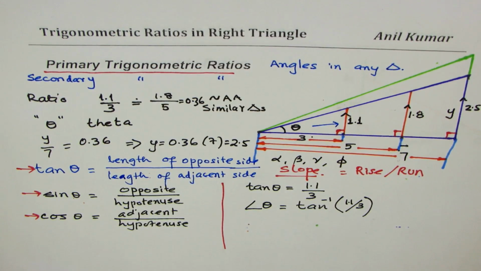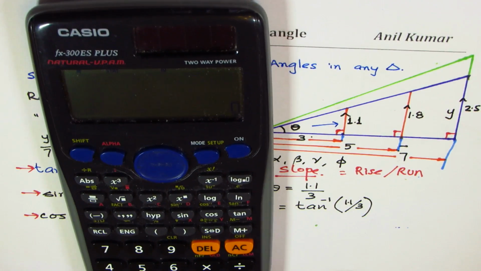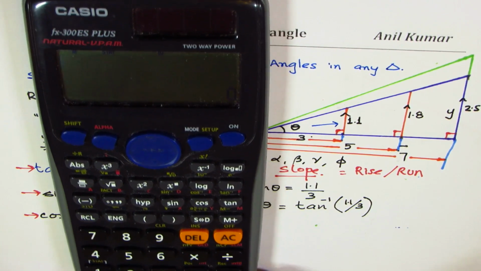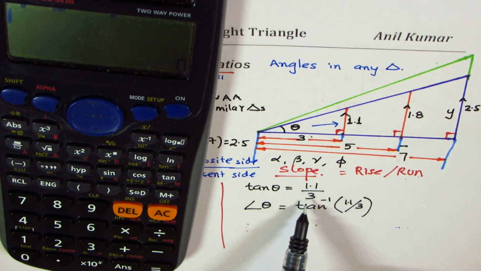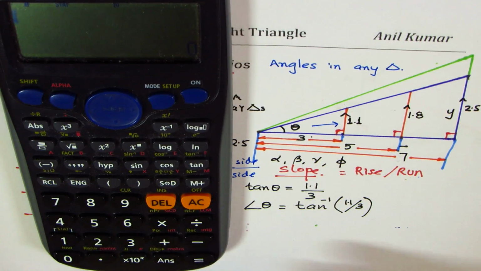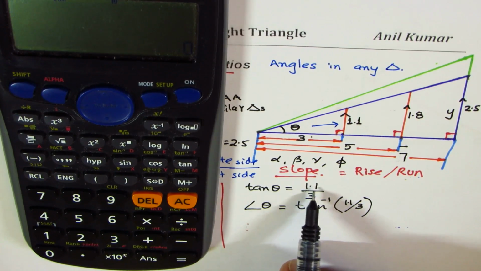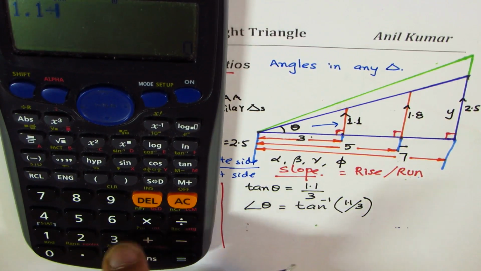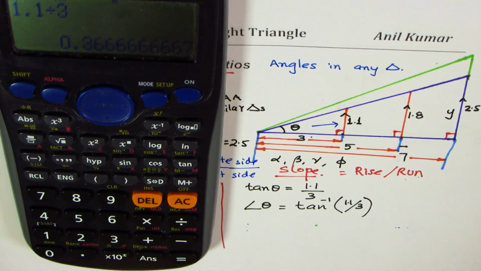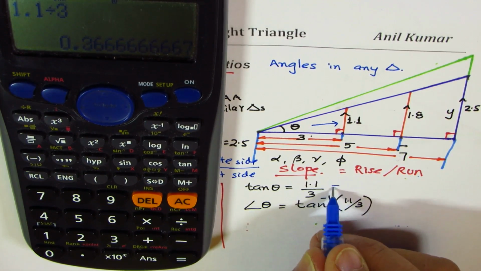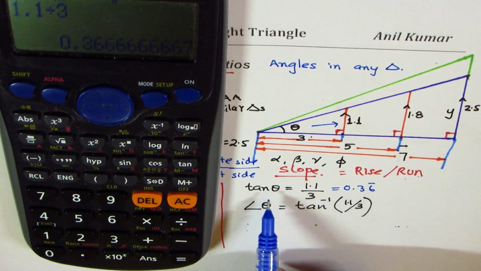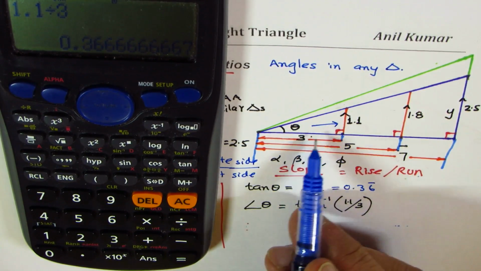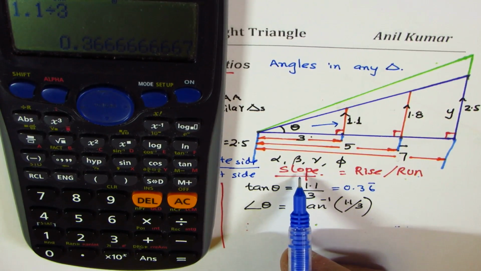Now in a calculator, you will find that we have sine theta, cos theta, and tan theta. Now to find tan theta, for example, tan theta is 1.1 over 3, we just calculate the ratio, which is 1.1 divided by 3. That's it. And you get a value which is equal to 0.3666. Is that okay? So you get the value of tan theta, which is the ratio of these, or you can say slope.